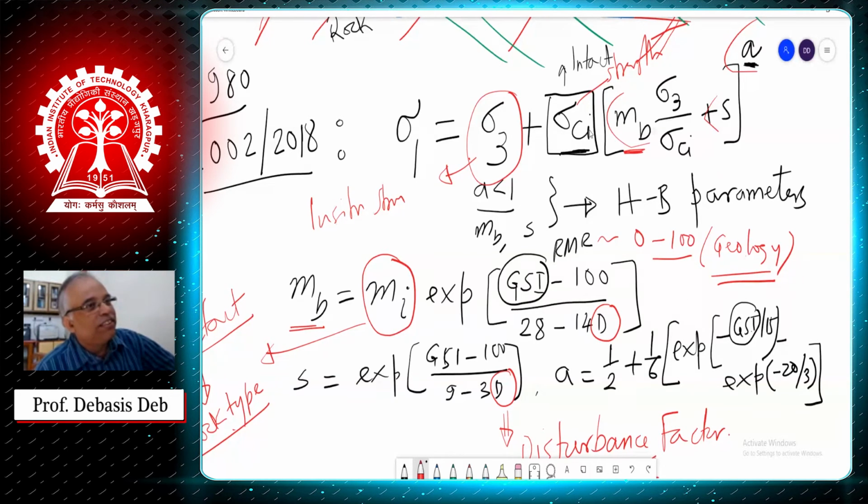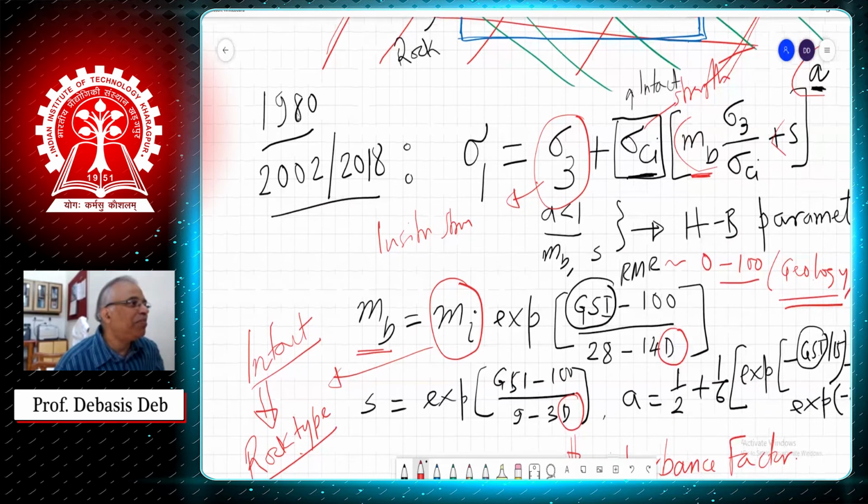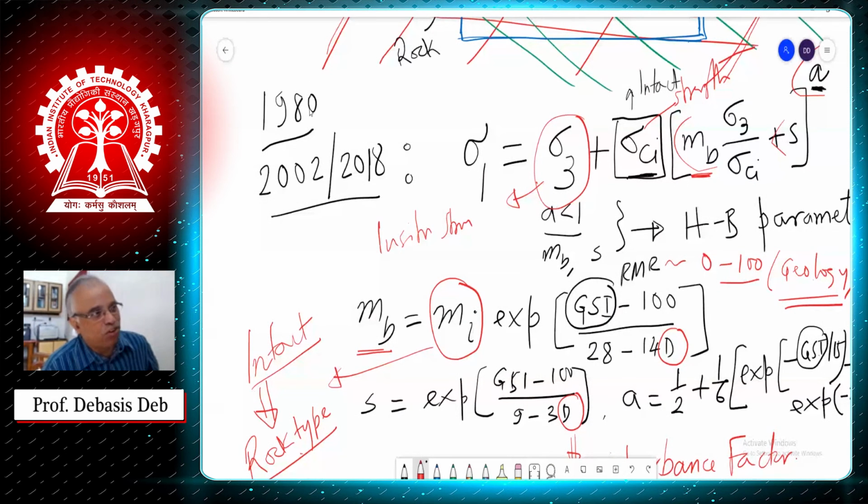And do you know how many years it took to build this equation? Can you even guess? I already gave you the first equation is 1980, but they started at least 10 years before. So even if you consider since 1970, that is almost 50 years to build an equation like this. It's not so easy that we can get something so quickly.